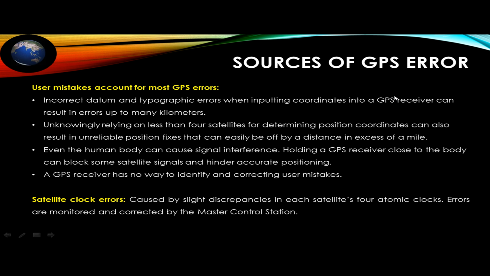So this is a typographic error. When inputting the coordinates into the GPS receiver, it can result in an error of up to many kilometers. Because, I told you, can anyone please tell me how many kilometers 1 degree deviation accounts for? Do you know? I spoke about it in my previous classes, when I spoke about latitude and longitude.